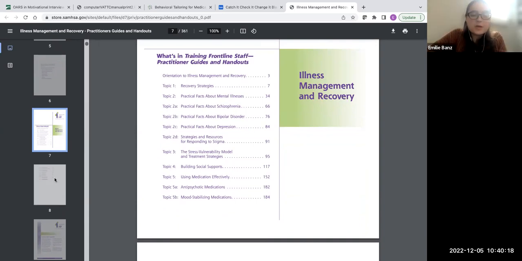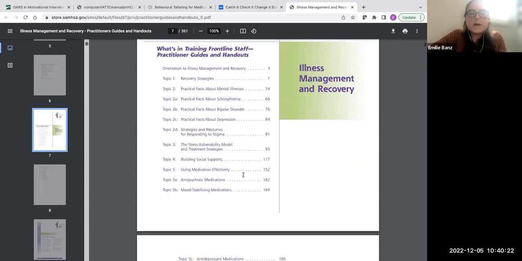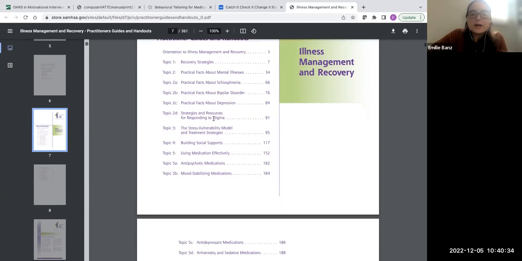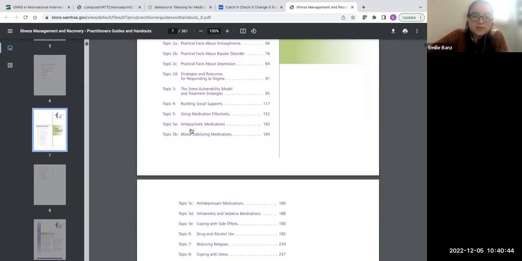But illness management and recovery talks about 10 different topics. It talks about recovery strategies, practical facts about mental illnesses, including schizophrenia, bipolar disorder, and depression, as well as strategies and resources for responding to stigma. It talks about the stress vulnerability model and treatment strategies, how to build social supports, using medication effectively.